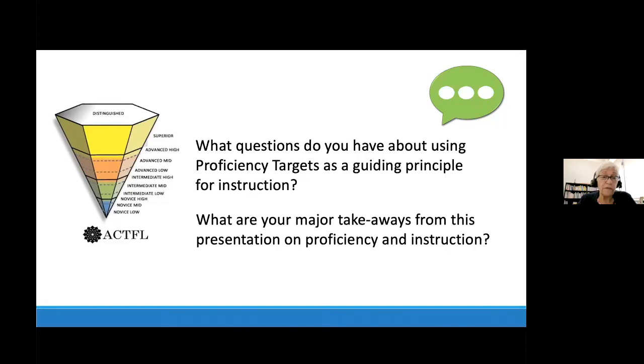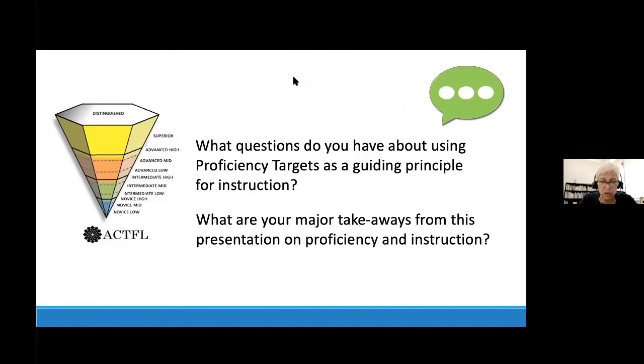Yeah, the proficiency development is the organizing principle. We want students to be able to communicate with these various language functions at these various text types across these contexts. And we build that over time through these different modes of communication.